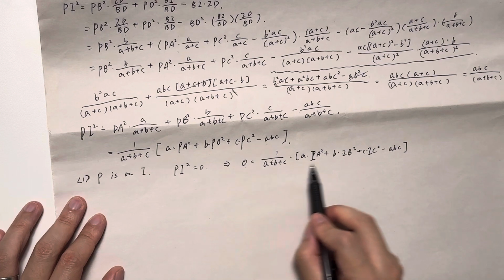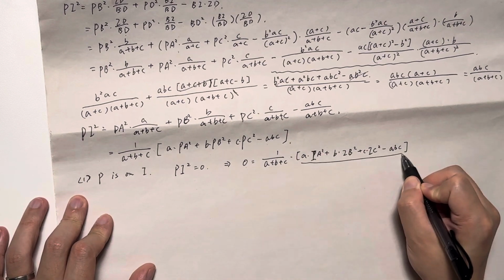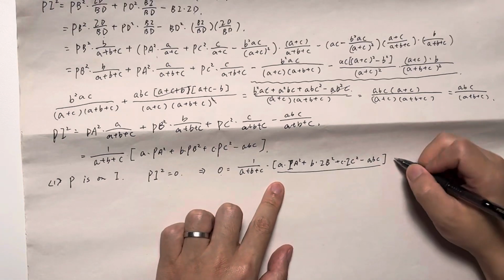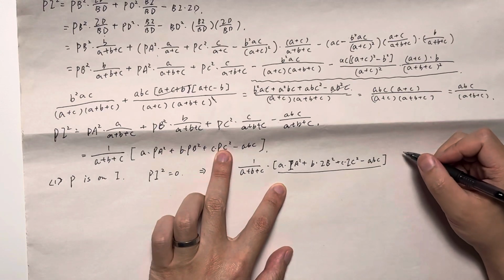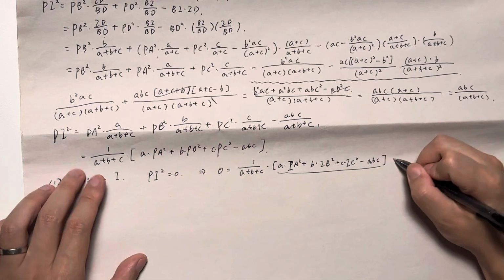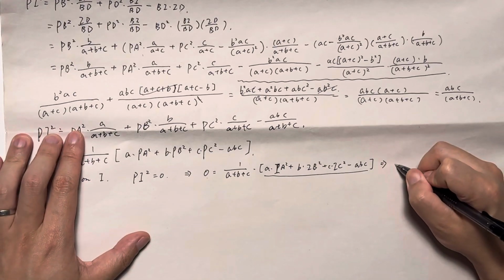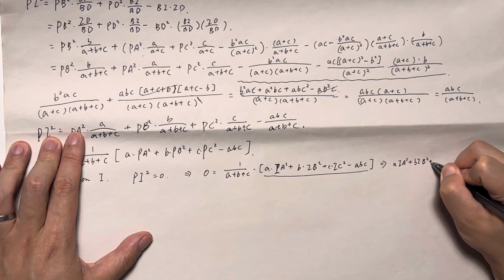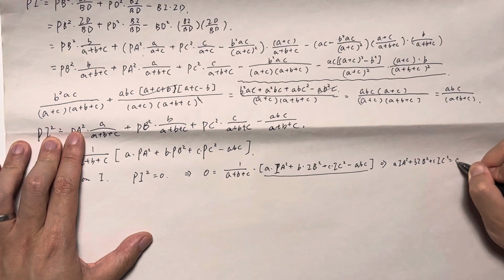Because this is 0, that means this is 0, right? Because A plus B plus C is non-zero, of course. So we got A IA squared plus B IB squared plus C IC squared equals ABC.